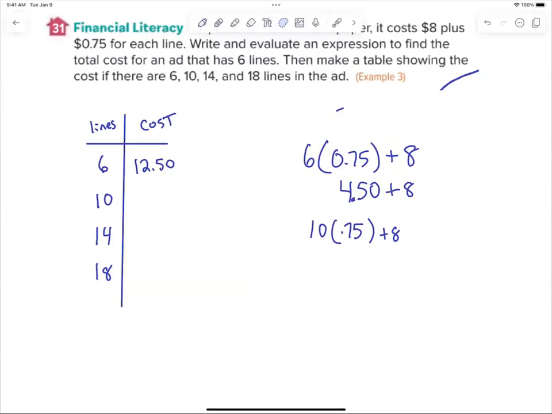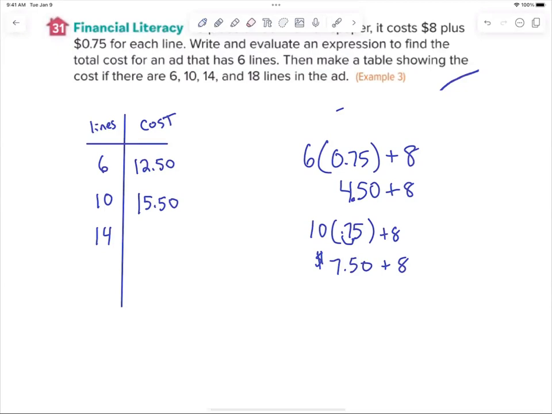Once. Multiply by 100, you move the decimal twice. Multiply by 1,000, move the decimal 3 times. So all I'm doing is taking the decimal on 0.75 and moving it over 1 spot. So that's going to be $7.50. Now I need help with $7.50 plus 8. What is that? 15.50. Exactly. All right, let's erase the 18, guys.